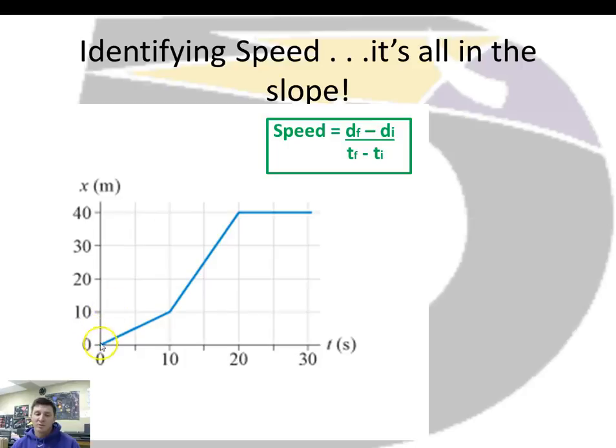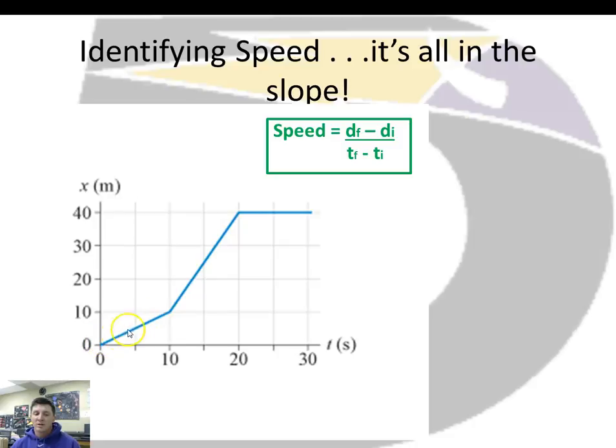So if we look here, let's compare this point, 0 to 10 meters in the first 10 seconds. We have this slope, and if we compare it to the second sloped line here, the slope is steeper in the second line, from 10 meters to 40. So when is it moving faster? Well, the rule is this: the steeper the line, the faster the object is moving, because it's traveling more distance in less time.